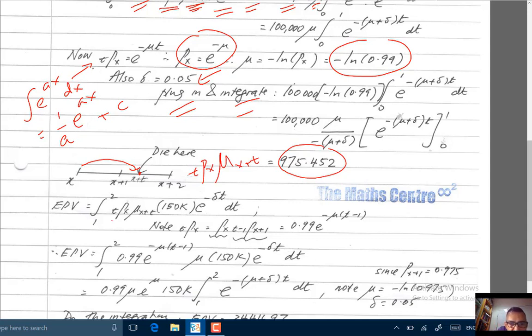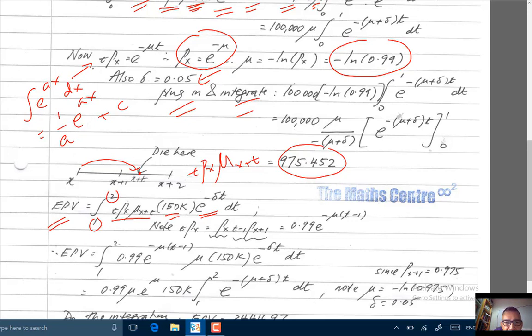The amount he's going to get paid is 150,000. And then you have your discount factor, e to the power of minus delta t. Just take note, t takes the values between 1 and 2. So to get the expected present value, just integrate from 1 to 2.